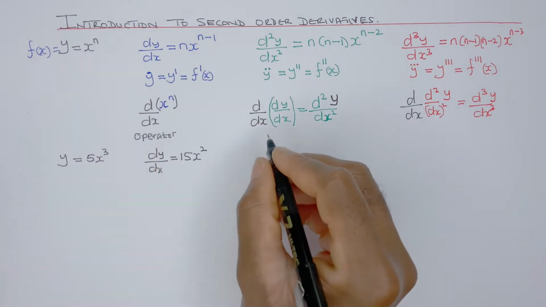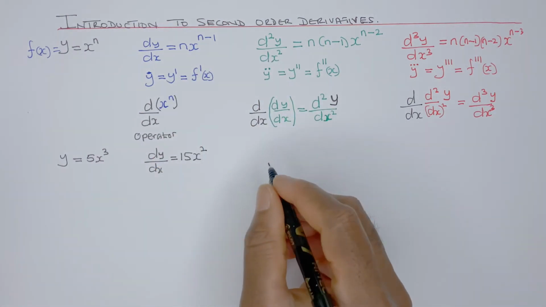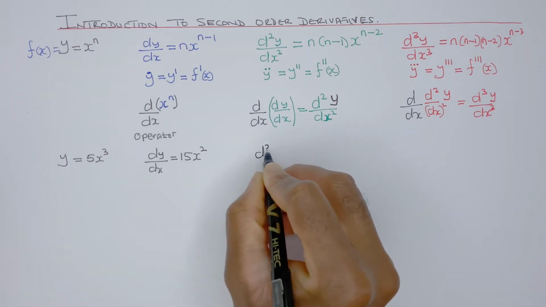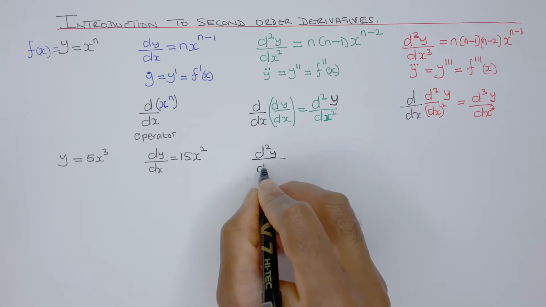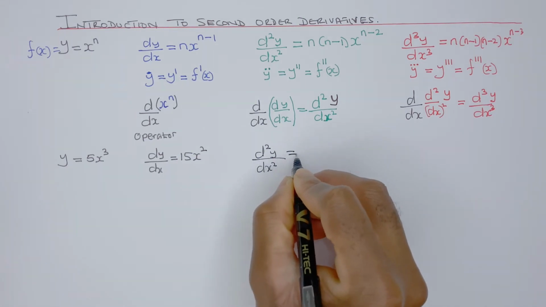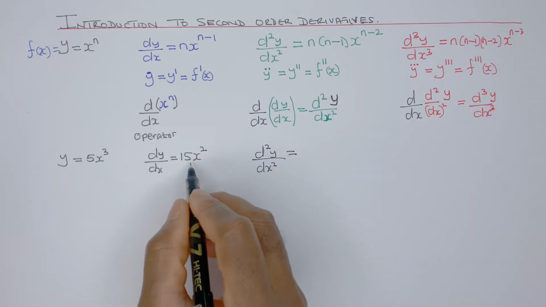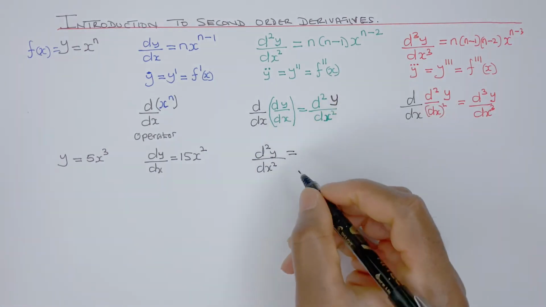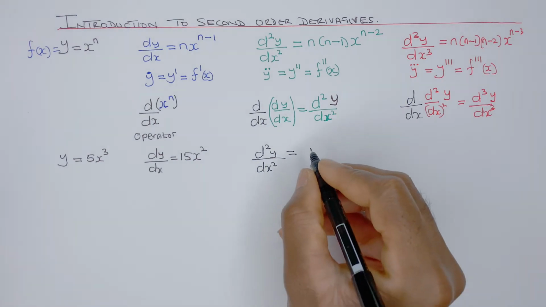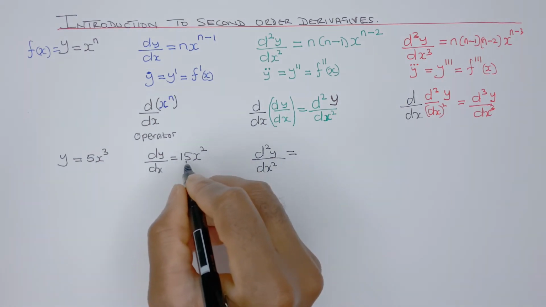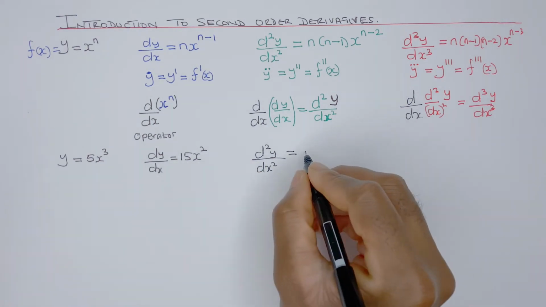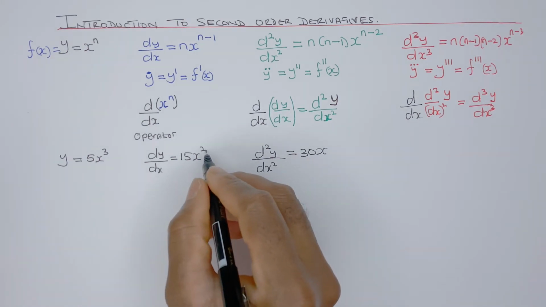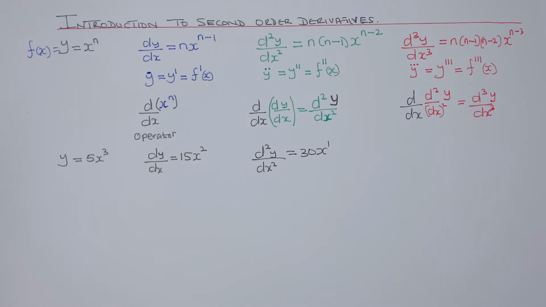What about d squared y over dx squared? Now you're operating on this, or you could use that formula. Either way, it doesn't matter. You get the same thing. So 2 times 15, that would be 30x, 2 minus 1, x to the power 1.